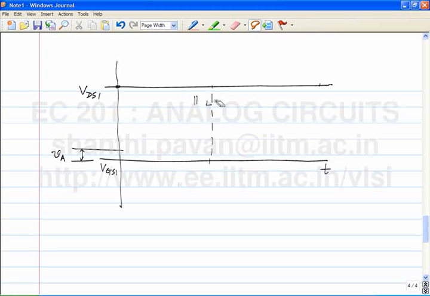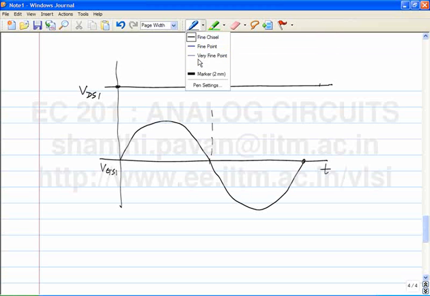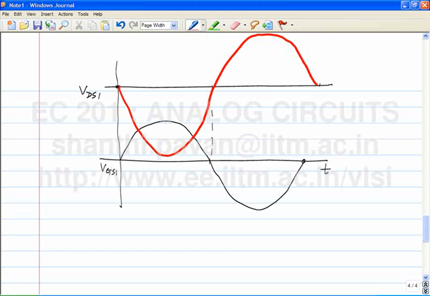if I now get greedy and increase the swing to a much larger value, what do you think will happen to the drain waveform? The drain waveform will do the following. Actually I should have drawn it 10 times larger, right?